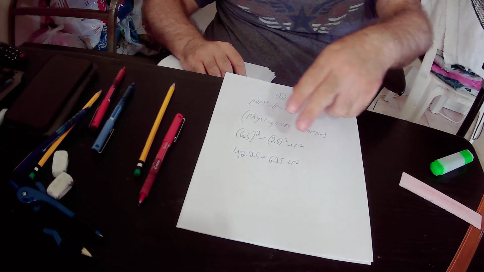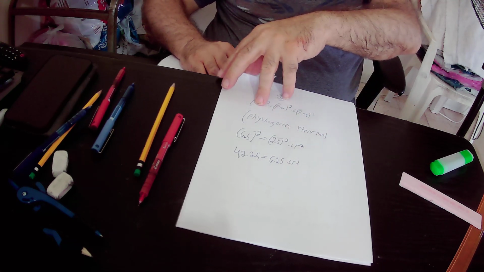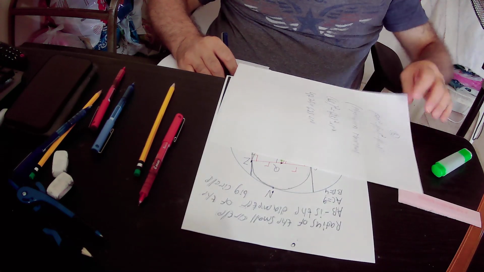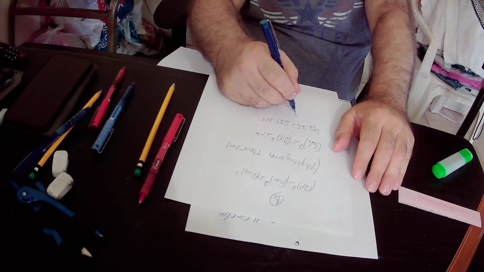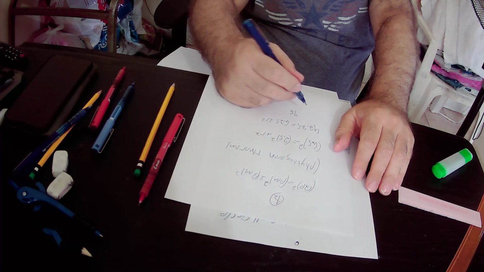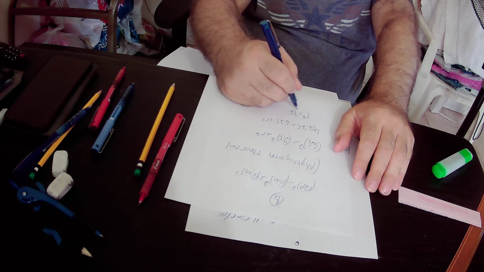Here we subtract 6.25 from this equality, and we'll get that r square equals 36.